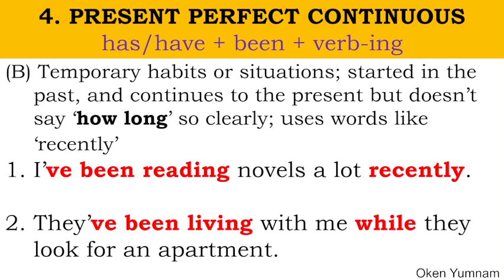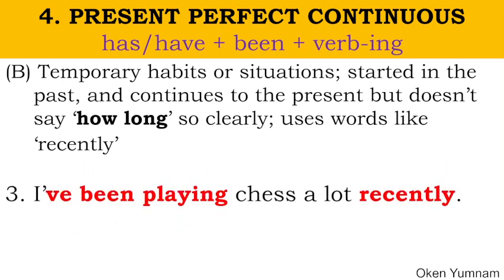They've been living with me while they look for an apartment. So this is how we use present perfect continuous. The last example here, I have been playing chess a lot recently. Recently, you have been playing, and these days you are still continuing this action.